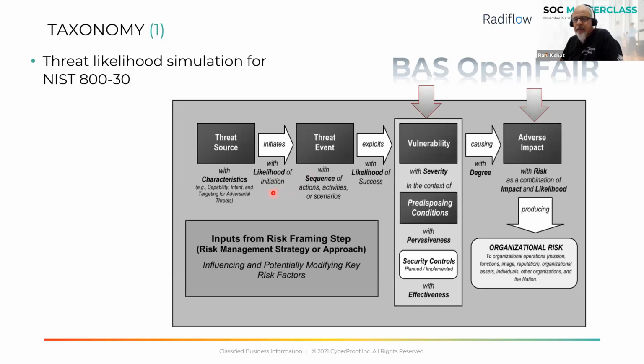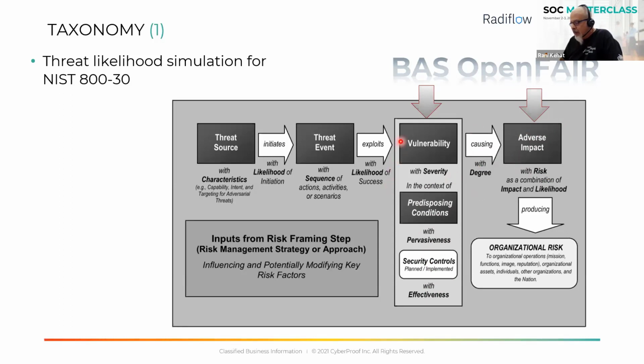And when they act, one of our main goals is to understand the vector of attack and what loss event will happen. Then we look at the vulnerabilities that might be affected by that attack, and obviously the predisposing conditions and the security controls, and from here we go to the impact.